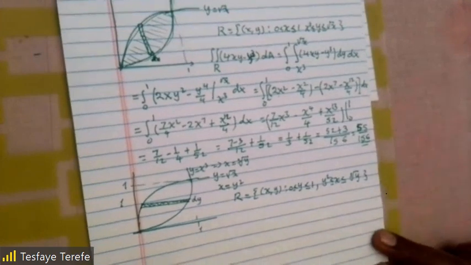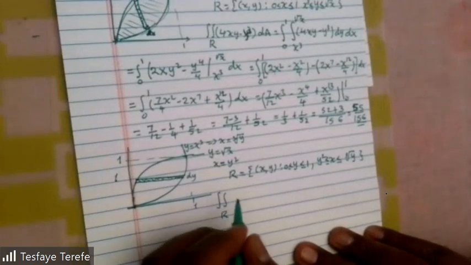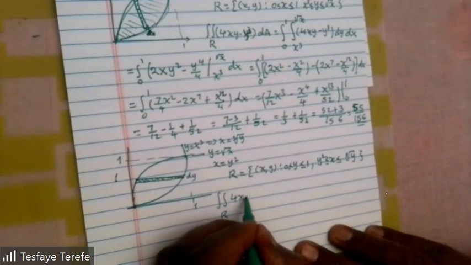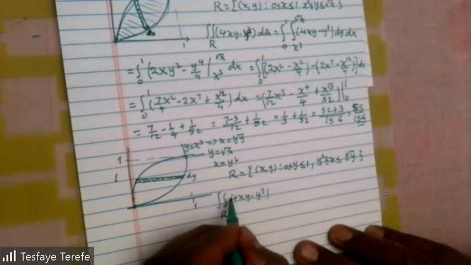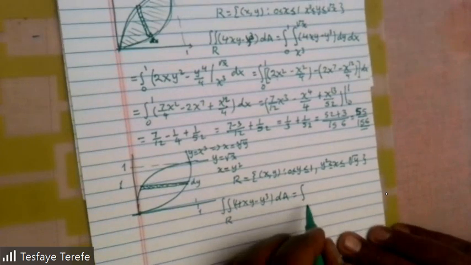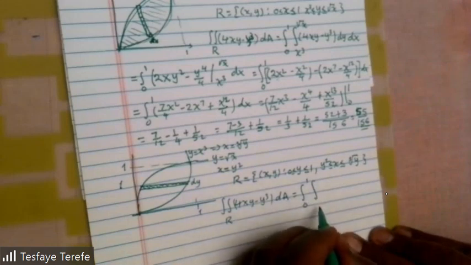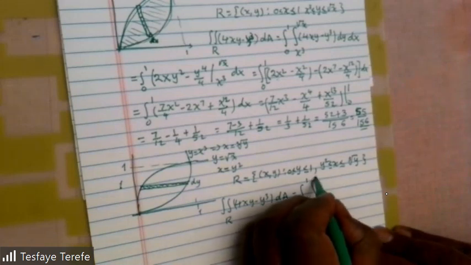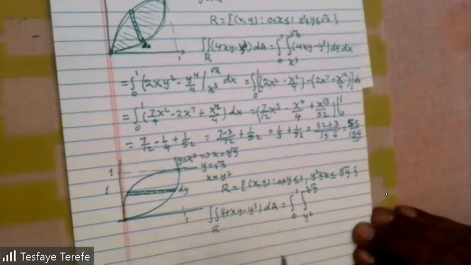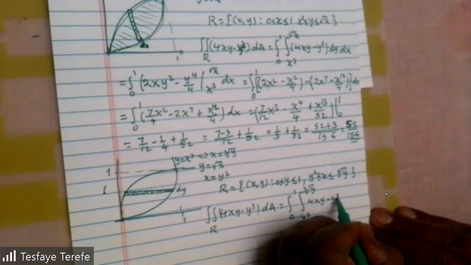And this is it. Then now your integral over the region, that function 4xy minus y cubed dA will be changed into integral from 0 to 1, integral from y squared up to the cube root of y, 4xy minus y cubed dx dy.